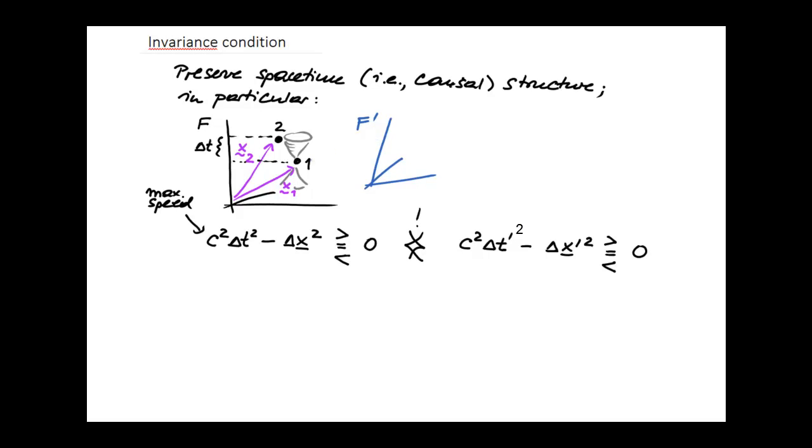Let me try to indicate that here, that in the basis of F prime, one will measure a time difference delta t primed, which in general may be different from the time difference measured by observer F. But the requirement is that they still observe the same causal structure.